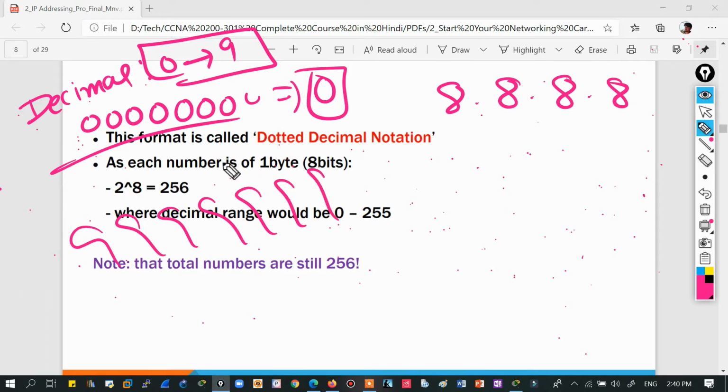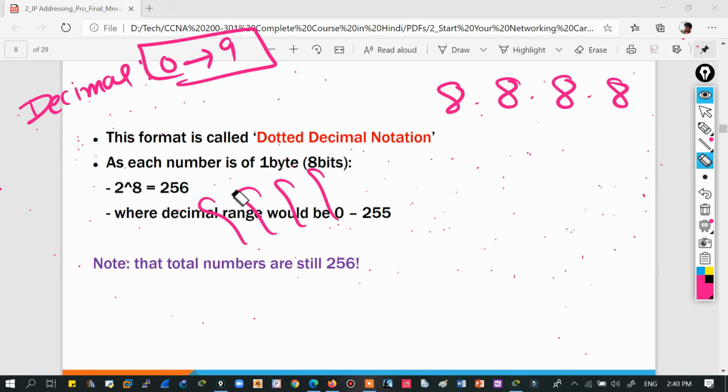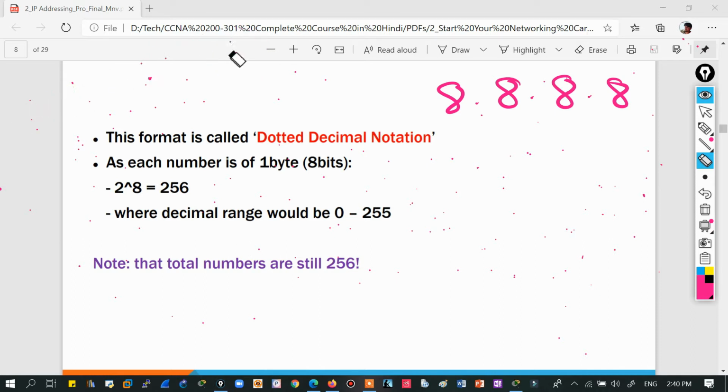These are mathematical terms, I'm not going into that. But in binary we have a limit. In decimal we don't know how many 9s or 8s or 987s can be placed there, there is no limit, it is an infinite range. But in IP, in a single octet there can be maximum 8 bits.